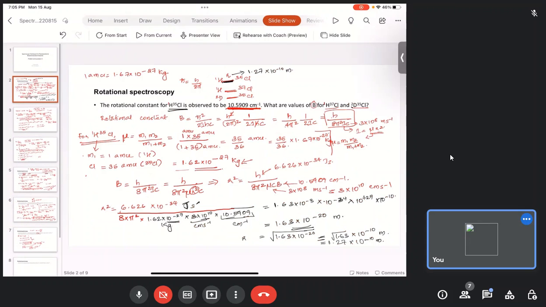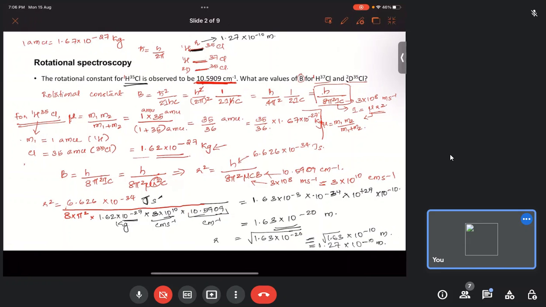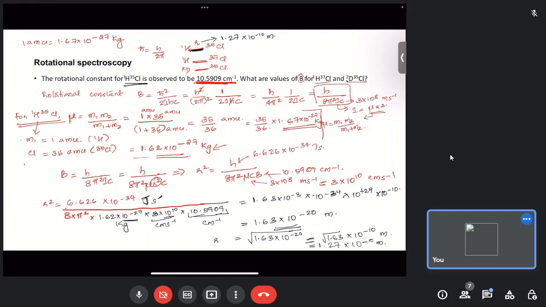I think there are a couple of mistakes that I have made with question number 1. One of which is this is not exactly 1.67, this is 1.66. Please calculate according to that and get the correct value.